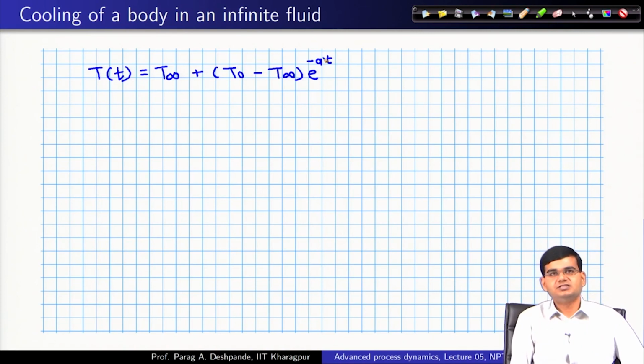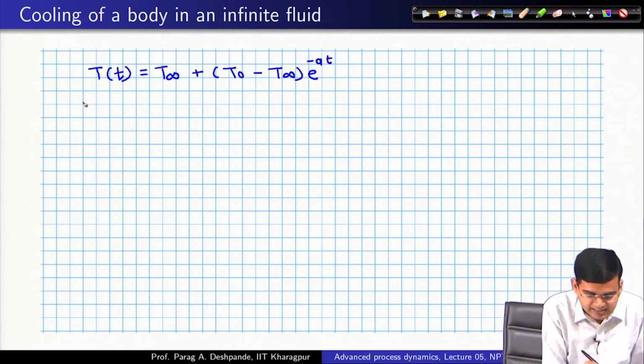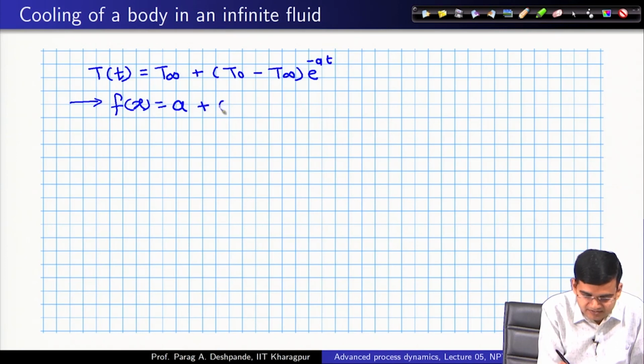Okay, this was the solution, and I will use the online Desmos graphing calculator to visualize the solutions. To make it easily visualizable, let us recast this as f of x is equal to a plus b minus a e to the power minus c x.